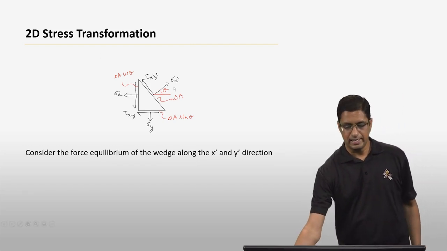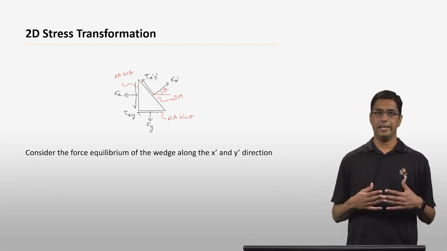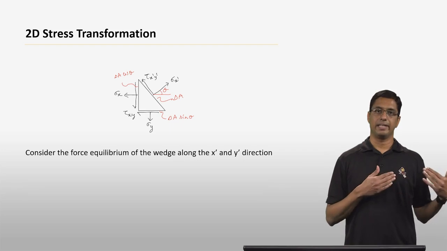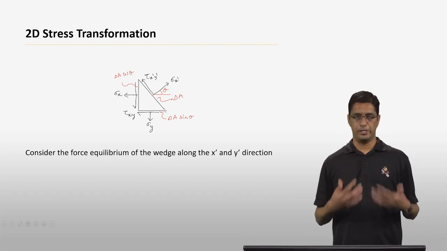Okay, what we say is that the area of this diagonal face is going to be delta A. If the area of the diagonal face is delta A, what are going to be the areas of the vertical and the horizontal faces? This comes from simple geometry.